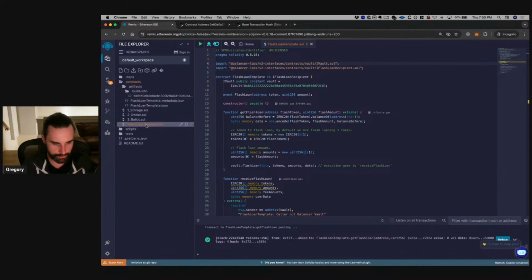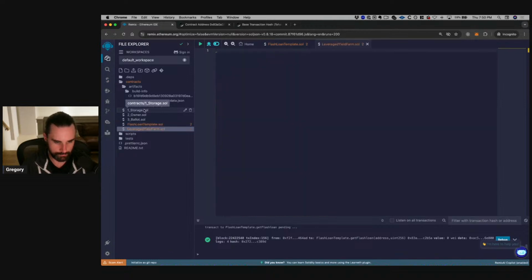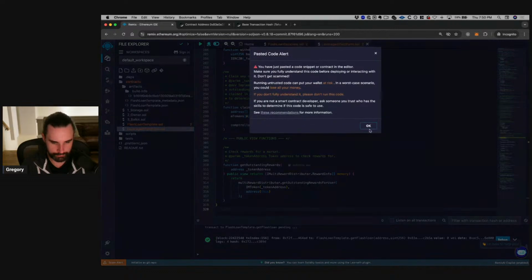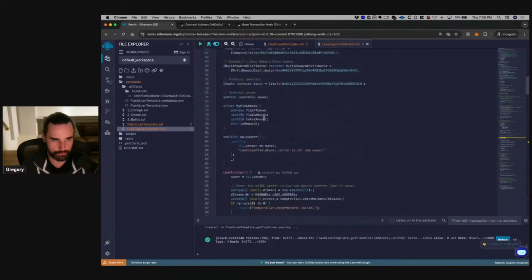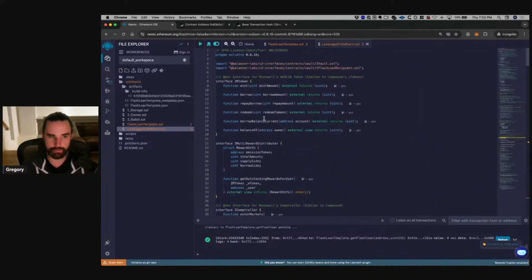Now inside of here, we can create a new file. We call this leverage yield farm. Paste it in, click OK. And again, we've got all the code here. I'm just going to demonstrate it first, and then we can explain it later.